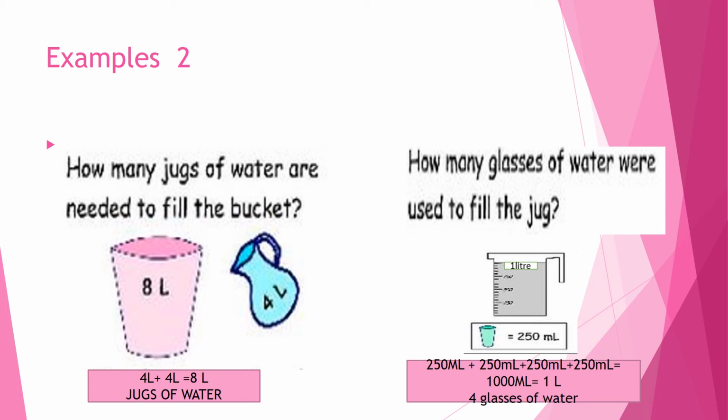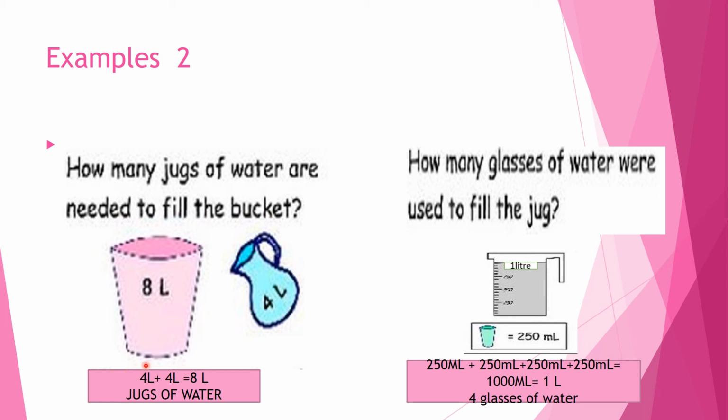Now, what do you think we can do to fill up the 8-liter bucket? How many times do you think we are going to add the 4-liter container into the 8-liter bucket?